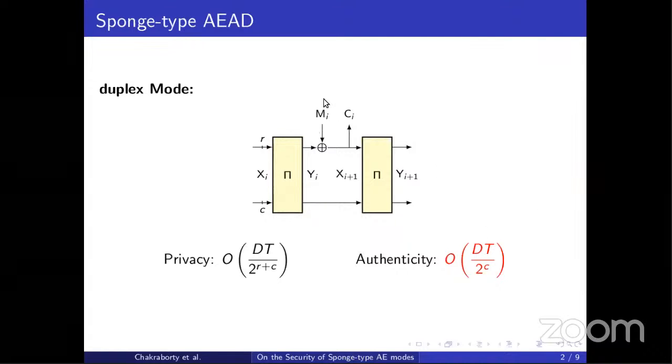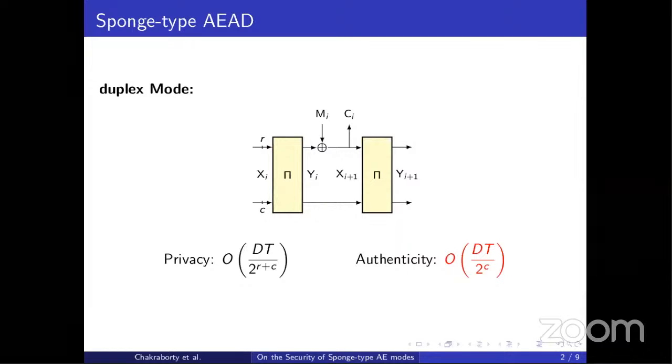You take the ith message block and XOR it to the upper part of the internal state, and then this is the ciphertext, and this is fed as the upper part of the next input, and the lower part simply goes as it is. This upper part is called the rate, the rate of absorption or squeezing the ciphertext, and the lower part is called the capacity.